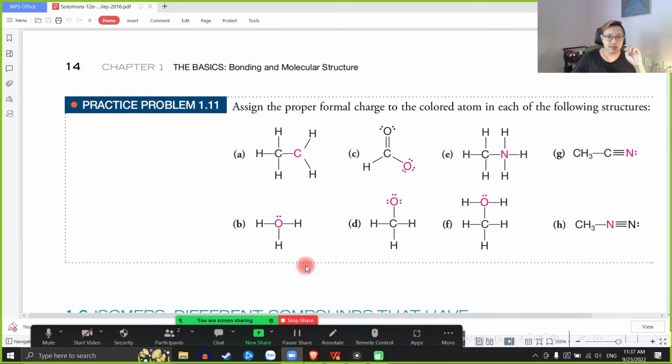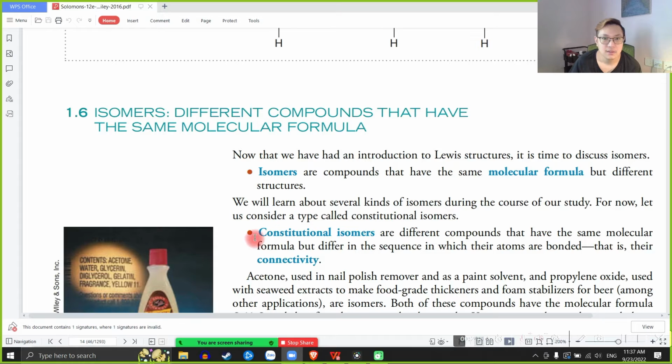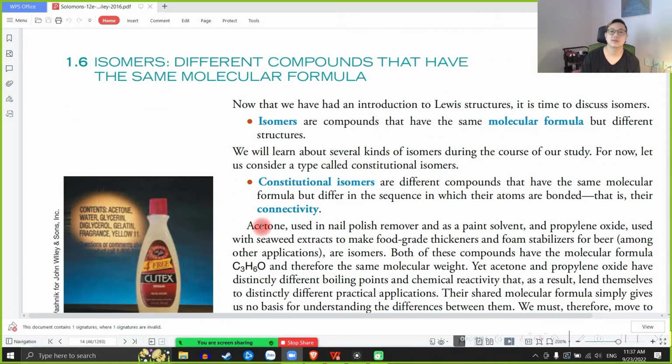Okay, let's go back. We have the next part, which is isomers: different compounds that have the same molecular formula. Iso means the same, mer means unit. So basically they have the same molecular formula, but in fact they are connected differently.